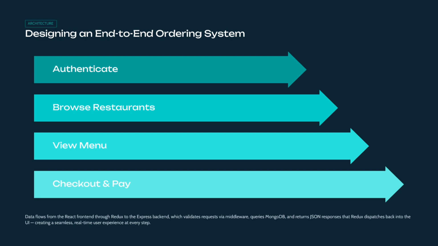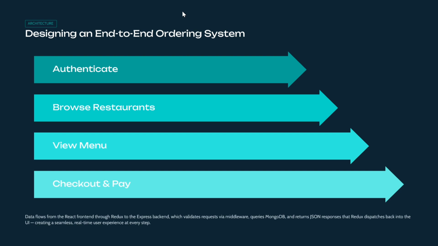The cart allows the user to review their order, change quantities if needed, and then proceed to checkout. During checkout, the payment is securely processed using the Stripe payment gateway. After the payment is completed successfully, the order details are stored in the MongoDB database. Finally, the user can view their order history and track all the orders they have placed.